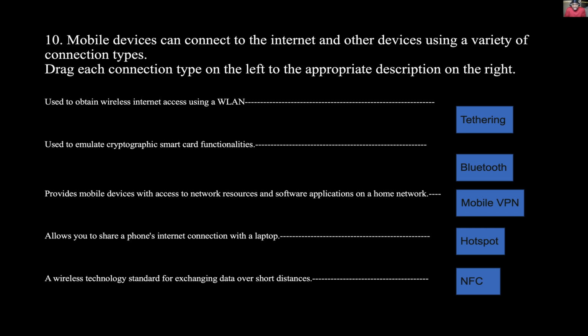Provides mobile devices with access to network resources and software applications on a home network. Do you think it's mobile VPN, Bluetooth, tethering? What do you think? Allows you to share a phone internet connection with a laptop. Do you think it's tethering, Bluetooth, hotspots, NFC, mobile VPN?